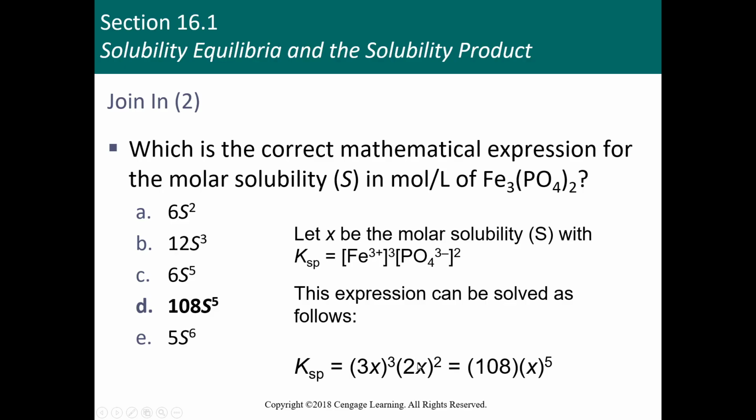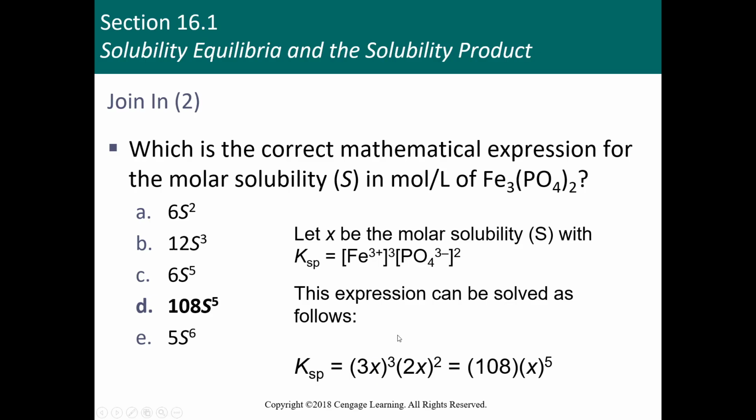All right, so then I do the math. I square these, and I cube these. And what I'm going to get is 3 cubed is 9. 2 squared is going to be 4. Sorry, I said 9, didn't I?